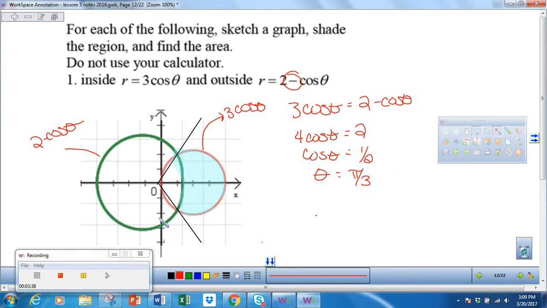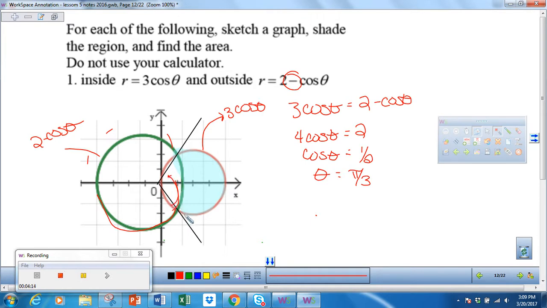So why don't I use 11 pi over 3? Well, if I did 11 pi over 3 to pi over 3, that would actually take me around this circle. It would take me this way. Okay? So I want to go from here around this way. I want to go clockwise.